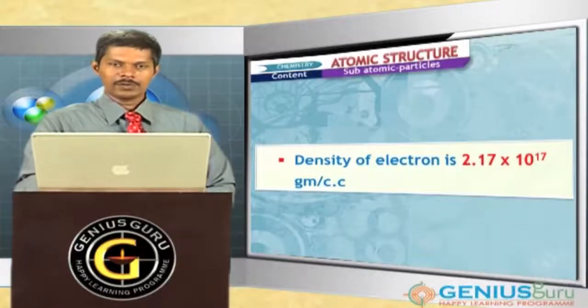Similar types of experiments were followed by different scientists. Later, they also concluded that in addition to electrons, there are some particles called protons which are associated with matter. So let us know another fundamental particle, that is protons. Let us go to the discovery of protons.